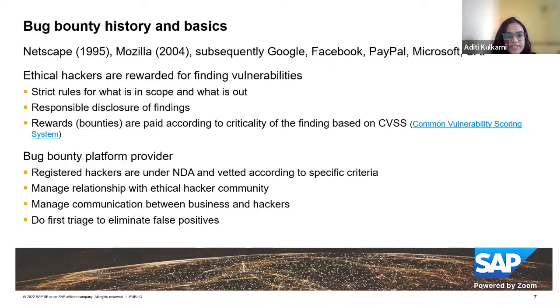Why we call them ethical is because when someone wants to collaborate in the form of monetary benefits, of course you would expect the other party to have ethical behavior, with a certain good behavior in terms of collaborations. So firstly, there is a strict rule provided by the vendors and the platforms in terms of what is in scope, what is out of scope.